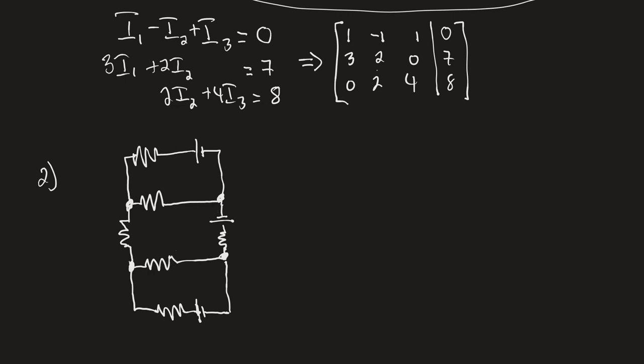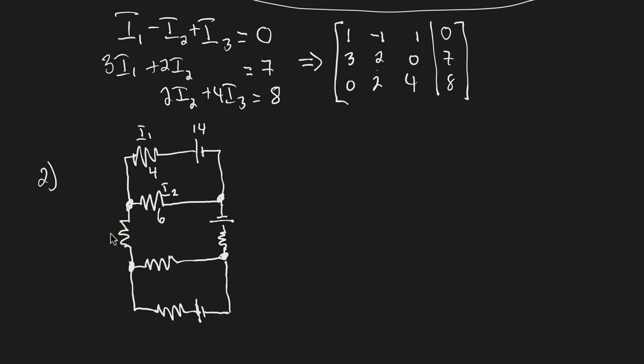So let's label what we can label. I'll start at the top and put I1 there, and then this resistor, the resistance here is 4. Excuse me, the voltage here is 14. This resistance is 6. I'm not writing the units, just putting the values there. The unknown current here is I2 for this one.